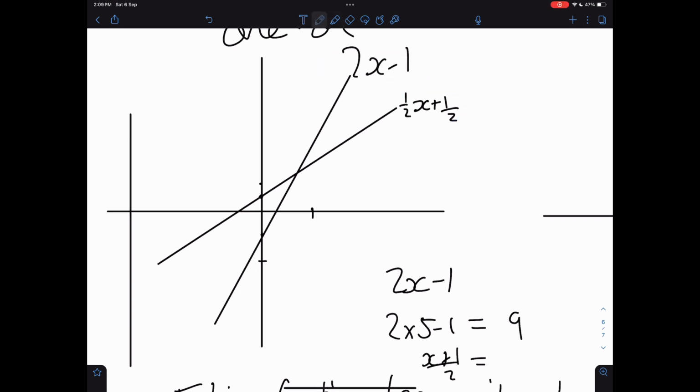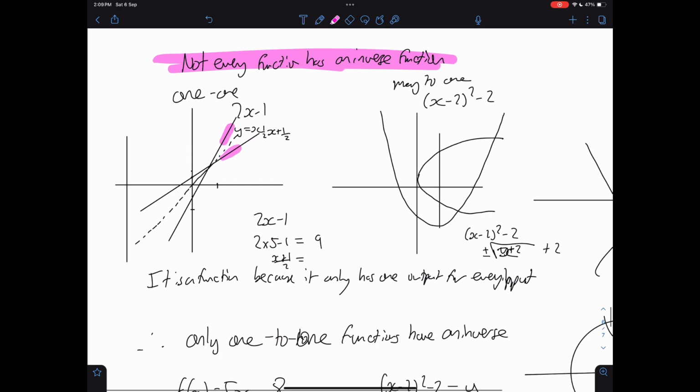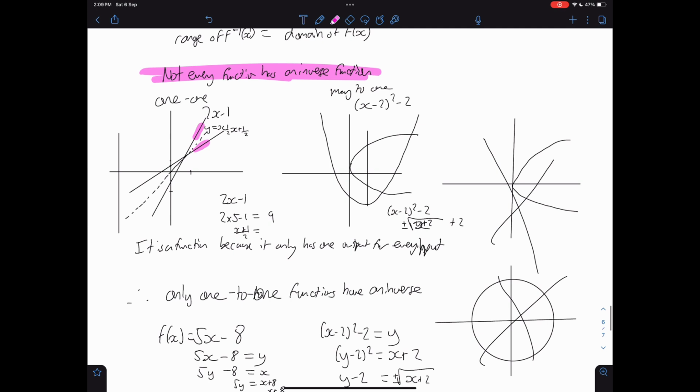And notice that if we drew the line y equals x, these two are reflections in it. They're mirror images in the line y equals x. And that is the relationship between those inverse functions. And this one is dreadful.